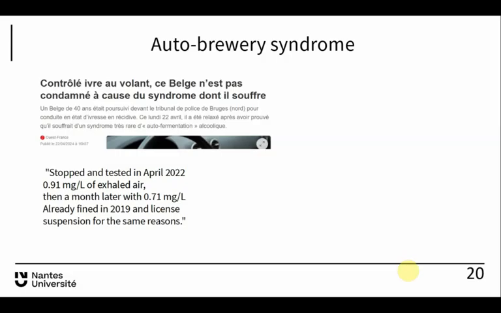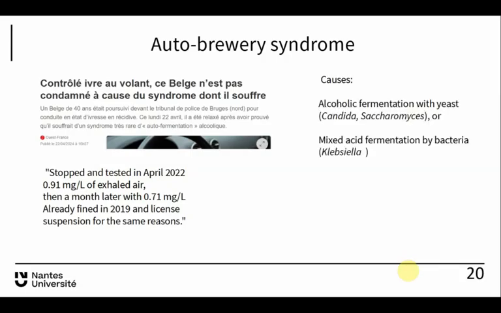But he contested it. He said, no, I haven't been drinking alcohol at all. It's not true. I haven't been drinking anything. And so he got a medical expertise, and he was right. He was convinced he couldn't have alcohol because he hadn't had anything to drink today, and he was telling the truth. It's because he was suffering from auto-brewery syndrome.